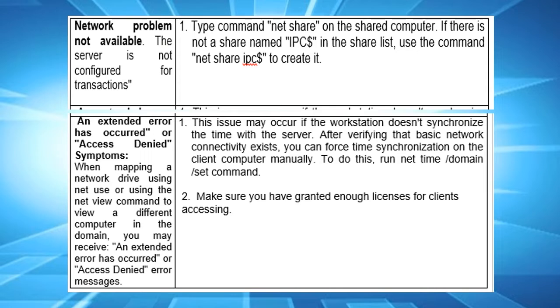The possible solution is that this issue may occur if the workstation doesn't synchronize the time with the server. After verifying that basic network connectivity exists, you can force time synchronization on the client computer manually. To do this, you need to run net time /domain and then the /set command.